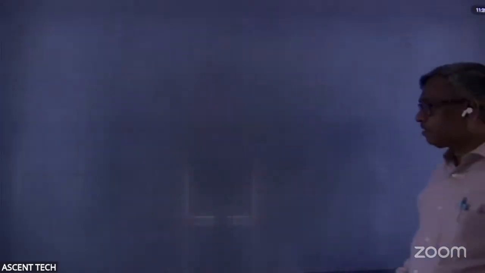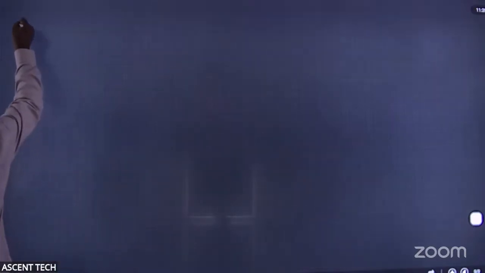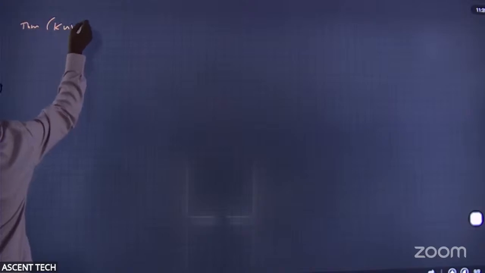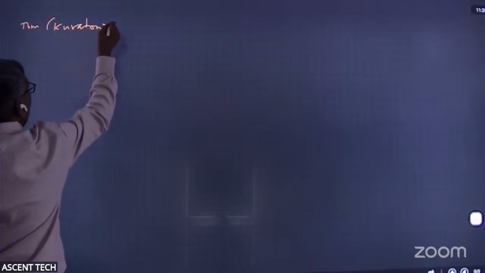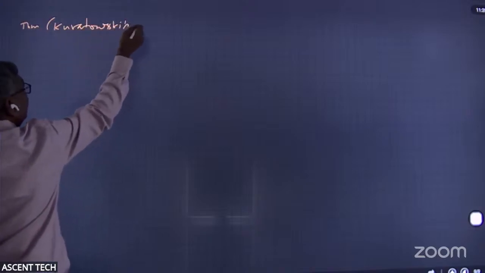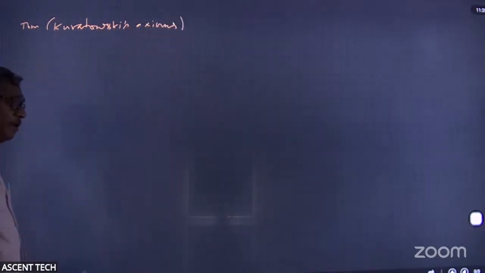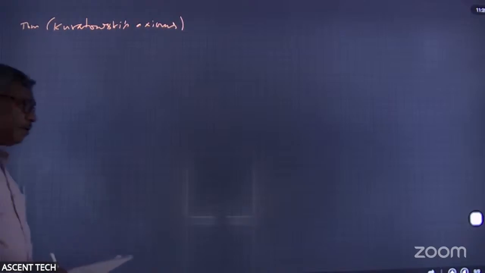And here is what I want to write down, a little theorem: Kuratowski's axioms. Actually, Kuratowski was one of the people who had done a great deal of things in topology.